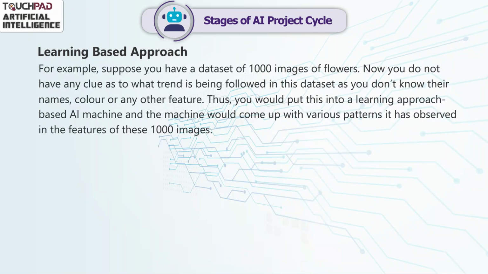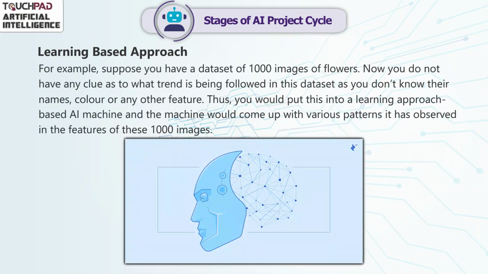For example, suppose you have a data set of 1000 images of flowers. Now you do not have any clue as to what trend is being followed in this data set as you don't know their names, color or any other feature. Thus, you would put this into a learning approach-based AI machine and the machine would come up with various patterns it has observed in the features of these 1000 images.